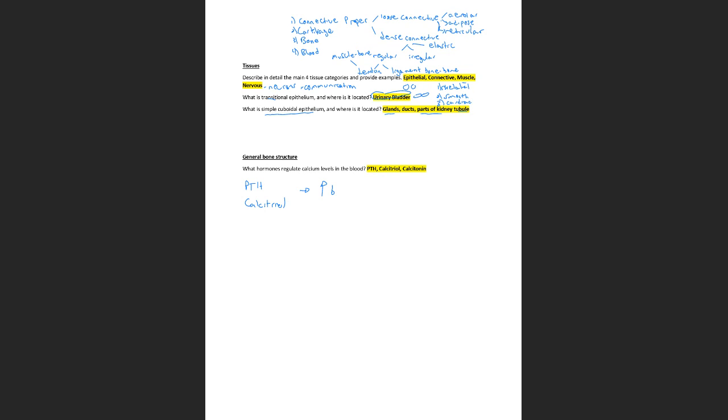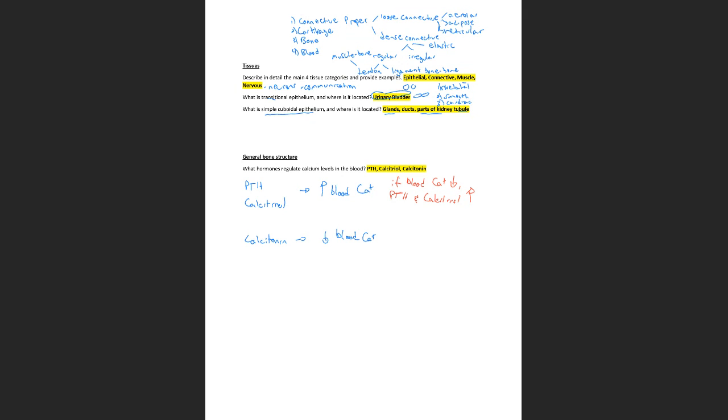They increase blood calcium levels. Okay, so if blood calcium is low, PTH and calcitriol bring it up. Now, calcitonin does the opposite effect. It lowers blood calcium levels.